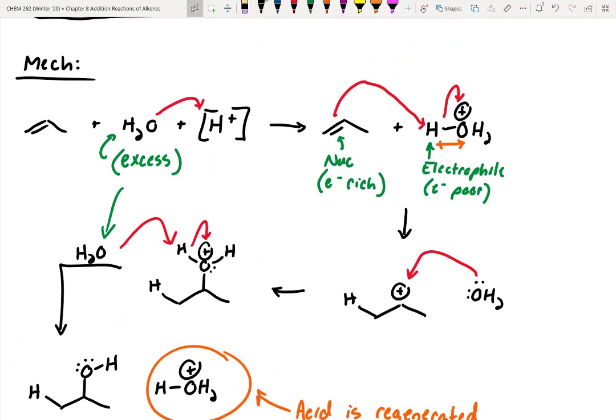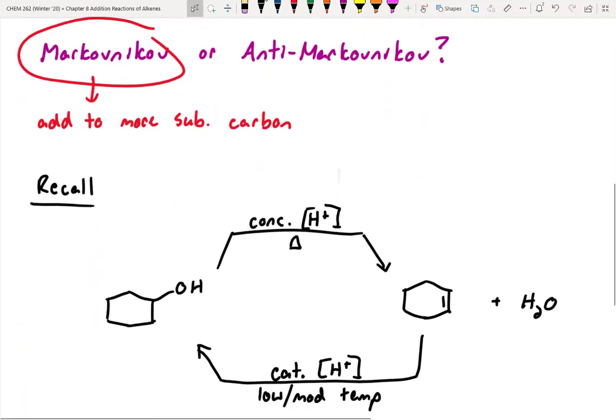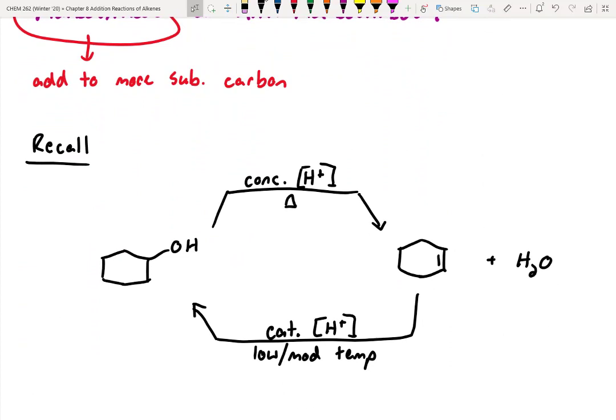In our mechanism, we said we had an alkene, excess water, and acid. Did we have excess water during our cyclohexanol lab? Did we add water in? No. In fact, we didn't want water in. So in this one, we would say to get our alcohol installed, we want excess water. Up here, we want little, or actually no water.